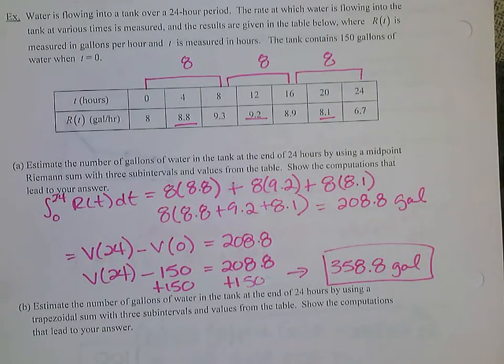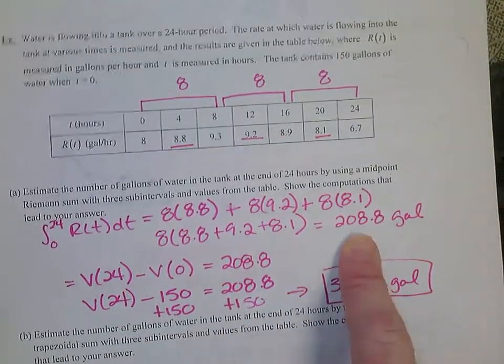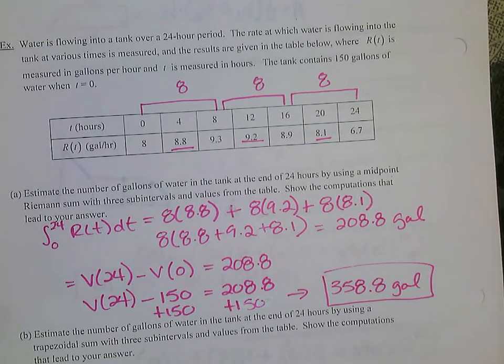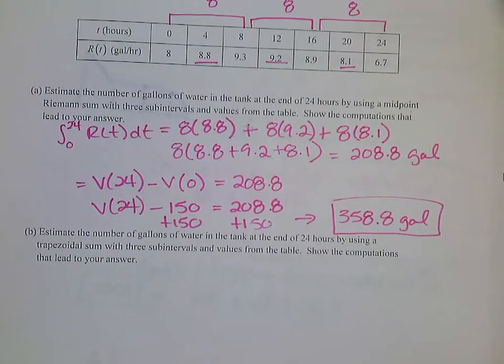If we started at 150 and we added this many gallons, then at the end of that 24-hour period, that's the volume of our tank. Okay. Any questions about that one?